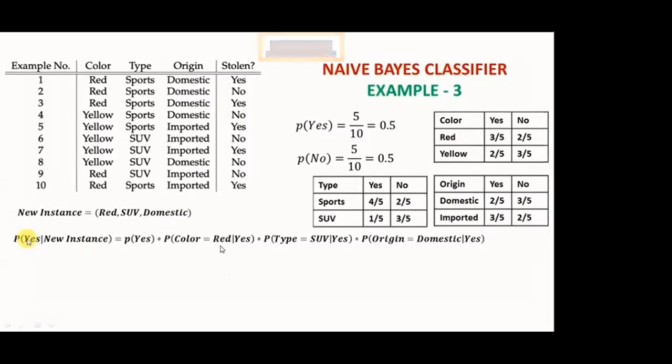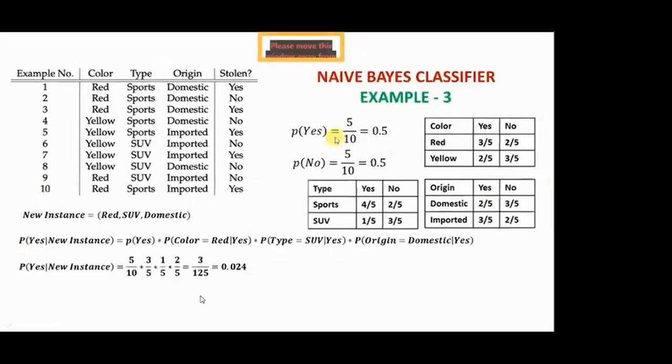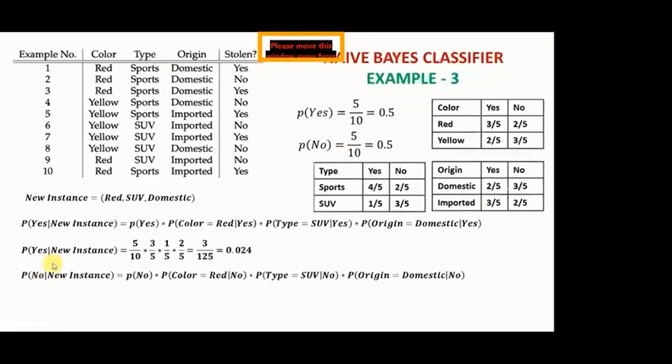Red yes 3 by 5, SUV yes 1 by 5, origin domestic yes 2 by 5. If you multiply these values, you will get the probability of being stolen as 0.024.